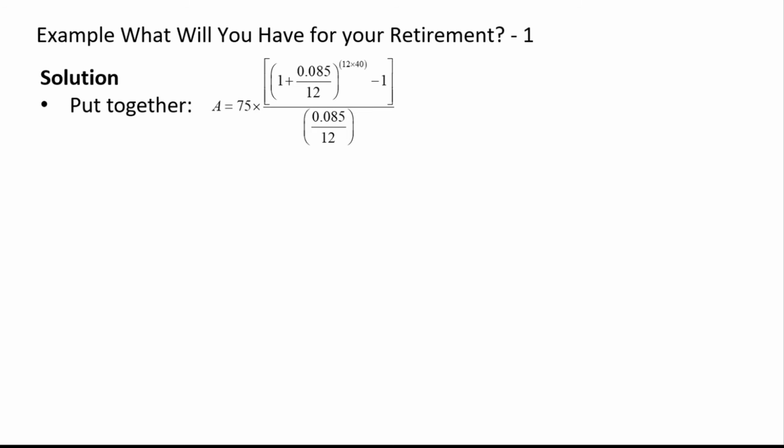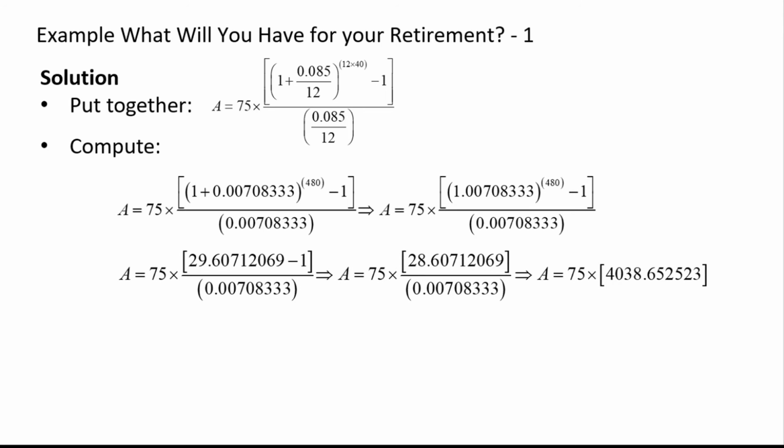Now to compute, work from the inside out. I recommend you take steps. So we'll do 75 times, and in the brackets of the parentheses, I have 1 plus. In your calculator, key in 0.085 divided by 12, and that should give you 0.0070833. Do not round during computation.